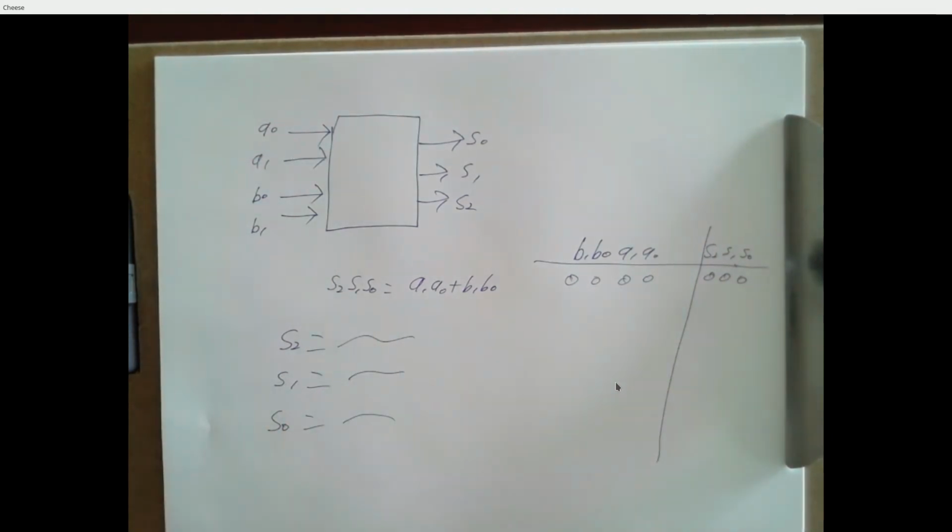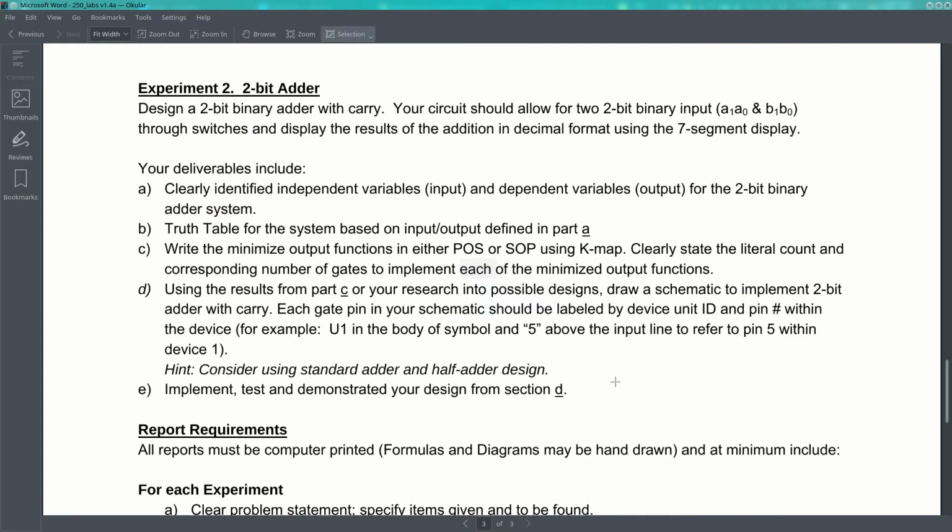And each of these will be a sum of products or a product of sums. This is all doing stuff you've already done for truth tables, turning them into equations. All right, that's the first piece of experiment 2.